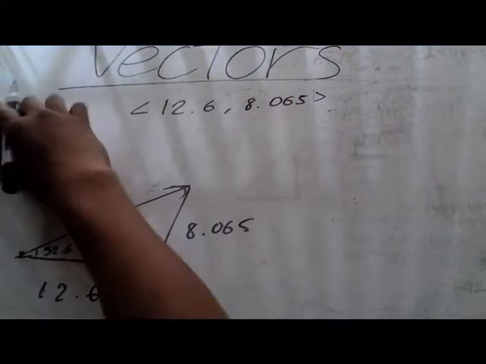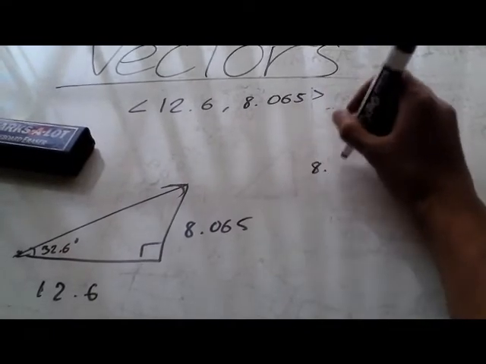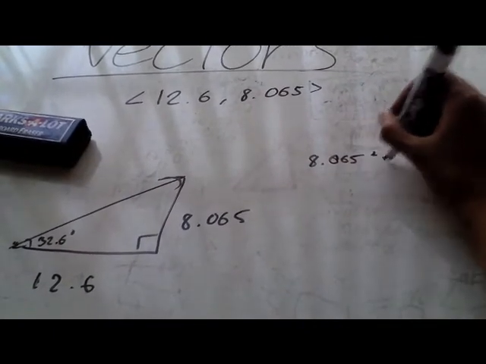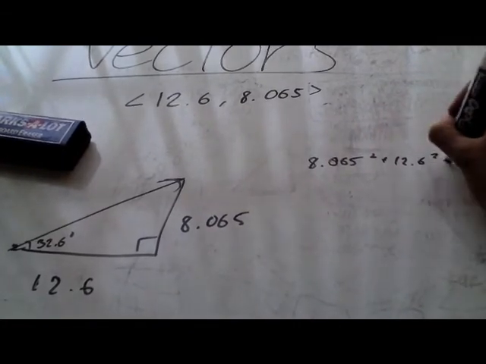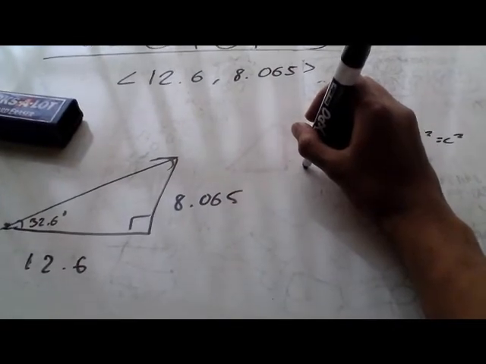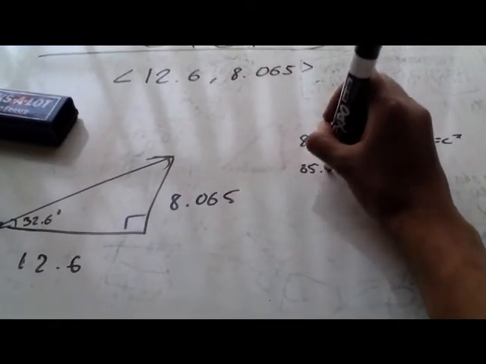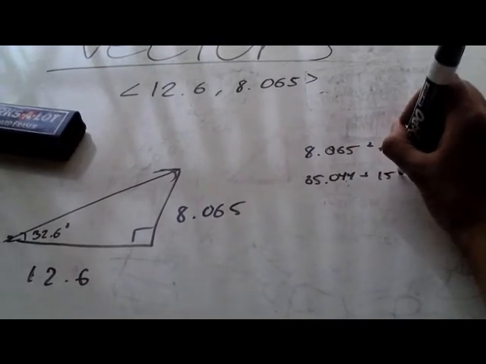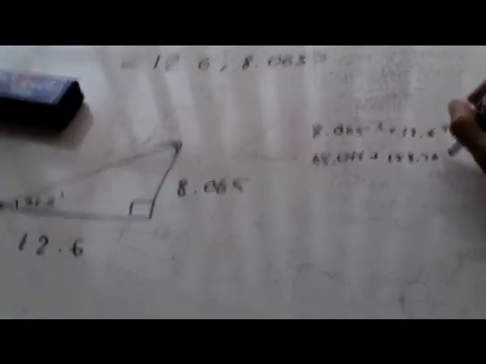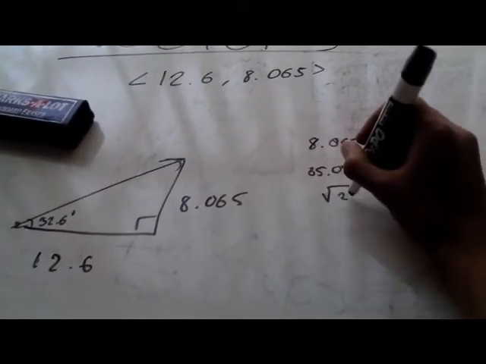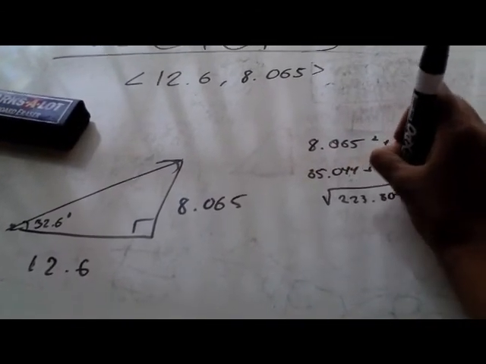And we can find the length or the resulting force using the Pythagorean theorem. 8.065 squared plus 12.6 squared is equal to c squared. Plug that into your calculator and you should get 65.044 plus 158.76 is equal to c squared. Add them together and square root it.